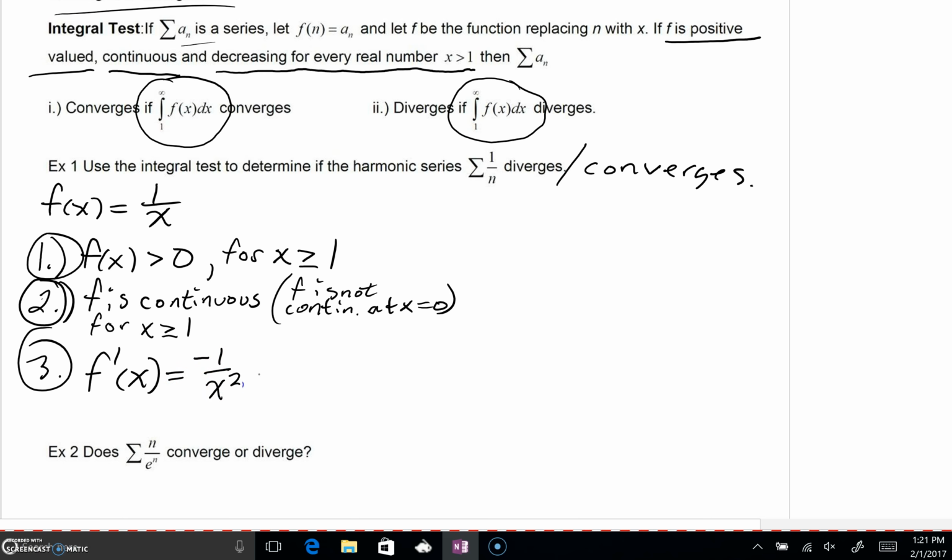Negative 1 over x squared. And you'd say, well, wow, that numerator is negative. That denominator is guaranteed to be non-negative as well. If you're squaring values of x greater than or equal to 1, what did we just see? That means that f is decreasing for x greater than or equal to 1.